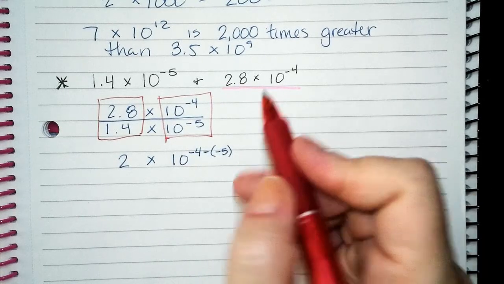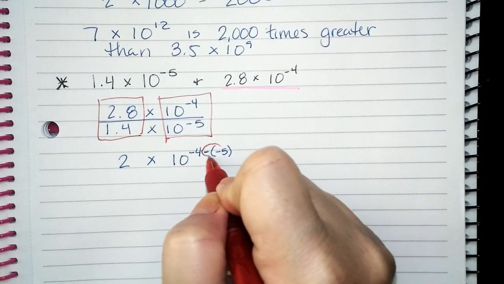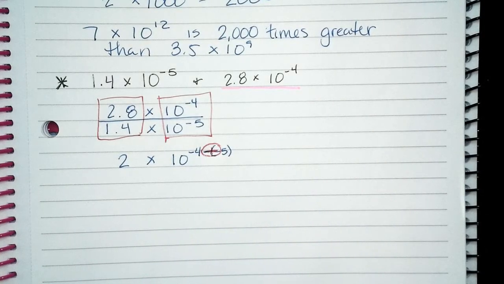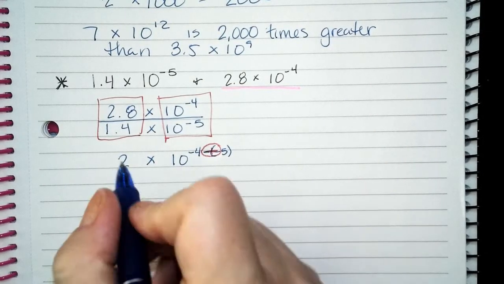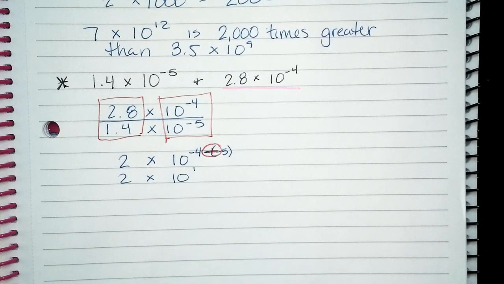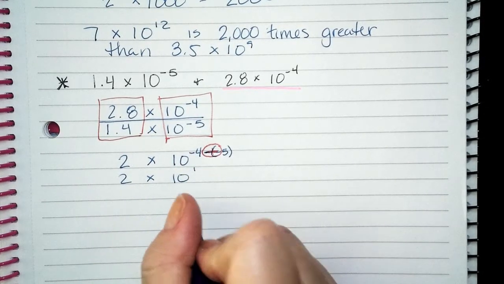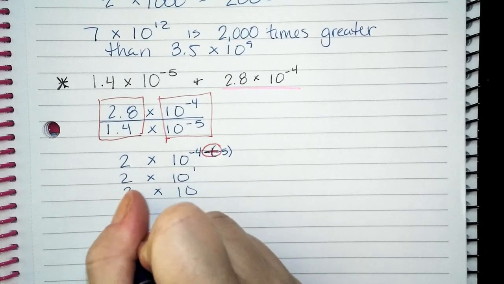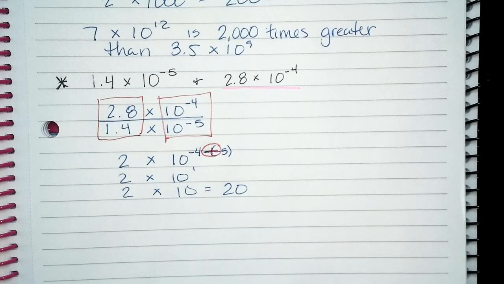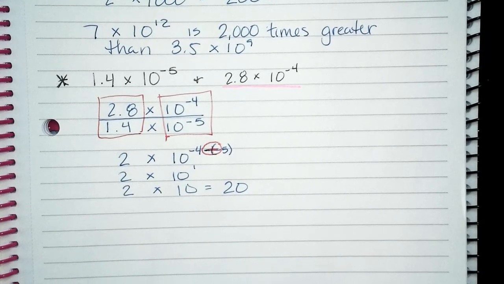Whenever you subtract a negative, it becomes the opposite and now you're adding. So we have negative 4 plus 5. This becomes 2 times 10 to the first power. 10 to the first power is 10, so we would have 2 times 10, which equals 20. So what does this mean?